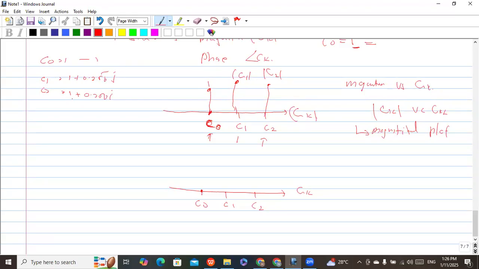This one is also the same. Quickly tell me the phase of C0.